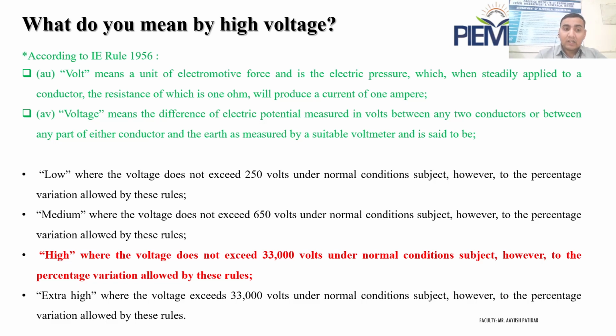High voltage is when an apparatus or conductor carries a voltage exceeding 33,000 volts. Apparatus or testing equipment above this range is called high voltage apparatus or high voltage testing equipment.